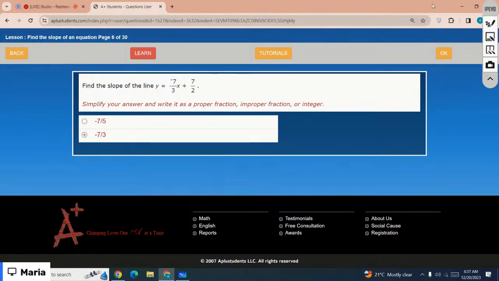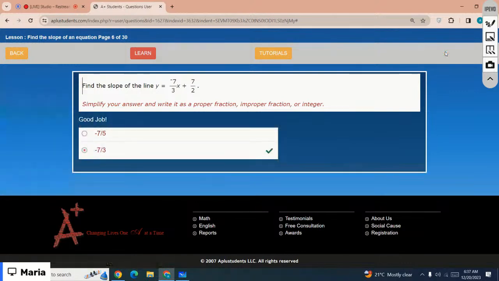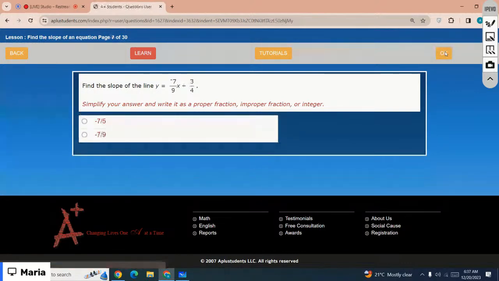Option number 2 is the correct option. Next, find the slope of the line y equals negative 7 over 9x minus 3 over 4. So, which is the correct option?